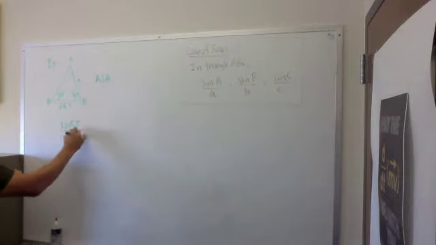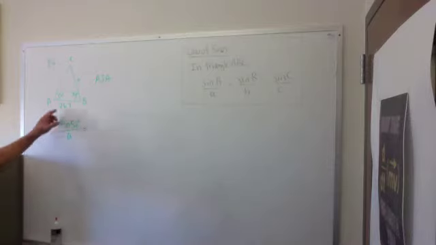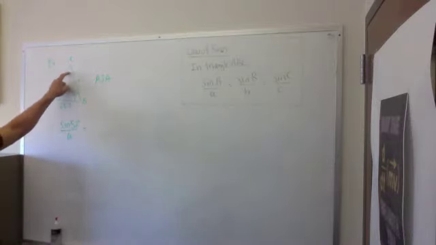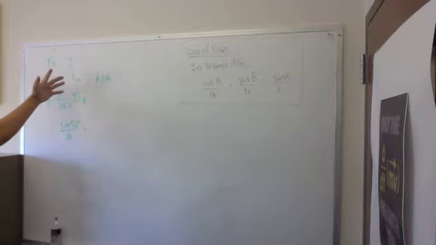A is to A as, now let me ask you, if we know this angle and this angle, do we automatically know this one? I say we do, because the sum of all the angles in a triangle must equal 180.